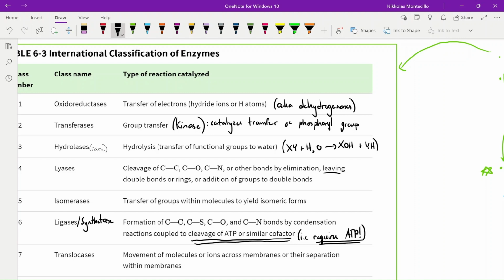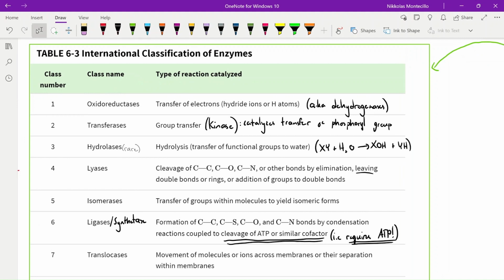The next enzyme class that we cover are lyases. You can think of it as lysis, which just refers to the cleavage of something. Lyases facilitate the cleavage of carbon-carbon, carbon-oxygen, or carbon-nitrogen bonds by elimination, leaving double bonds or rings.